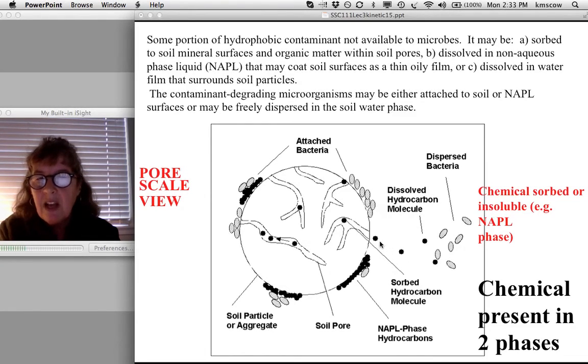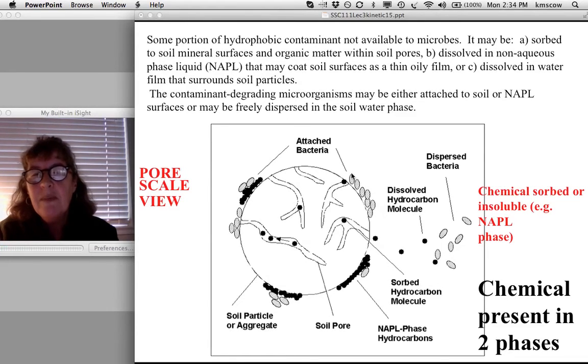The little black dots are showing the substrate that is in the soil, and you're going to see that a little bit of that substrate is dissolved in the soil solution, but a lot of it is sorbed on the surface of that particle, or it may even be hidden inside the aggregate where microbes are too big to get at it, and it's held from them and won't come out unless the concentration outside the aggregates gets very low, and then diffusion might bring it back out.